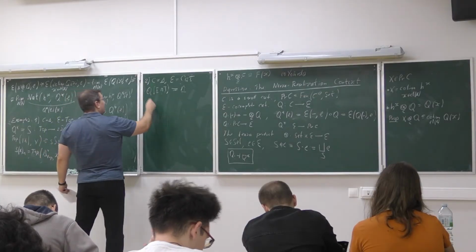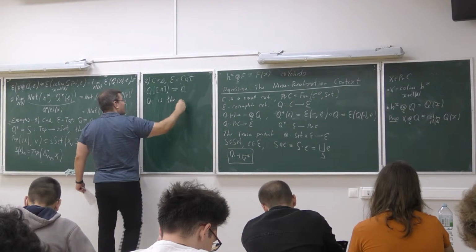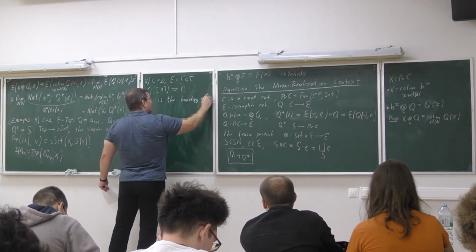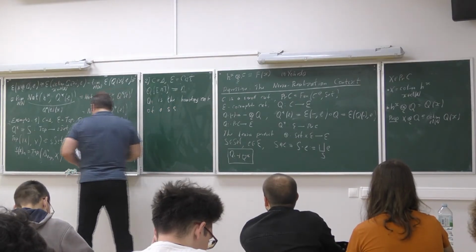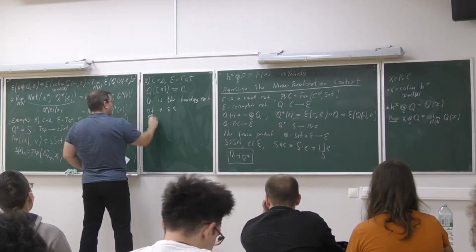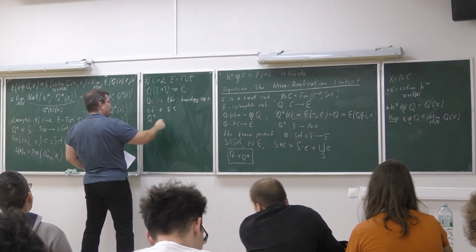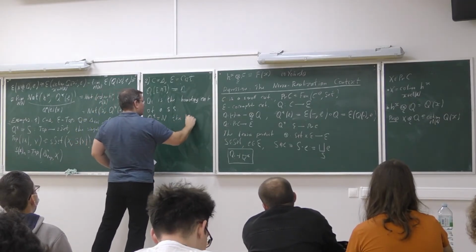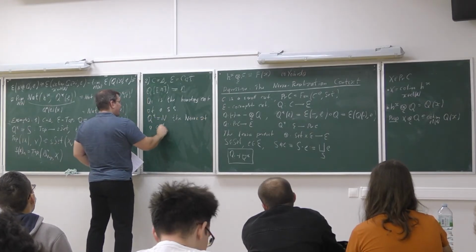Then Q lower shriek is the homotopy category of a simplicial set, and Q upper star is what is called the nerve of a category.